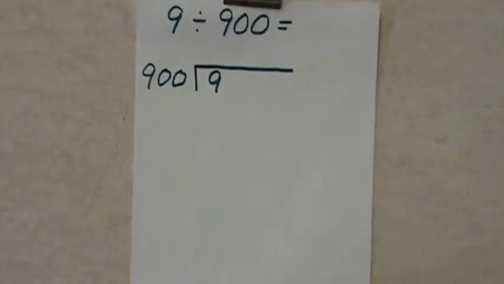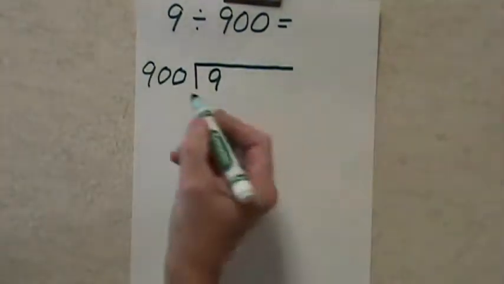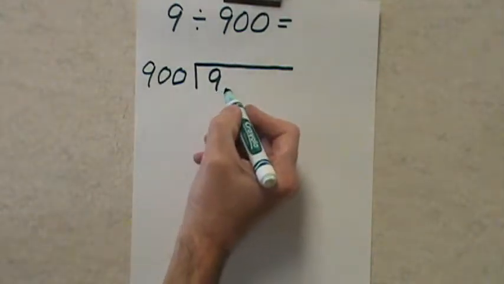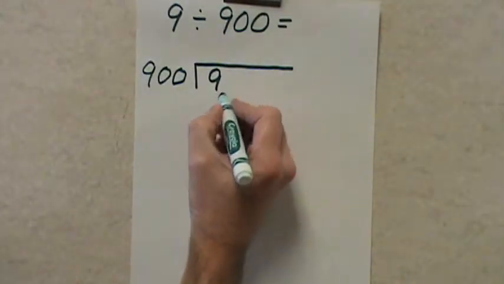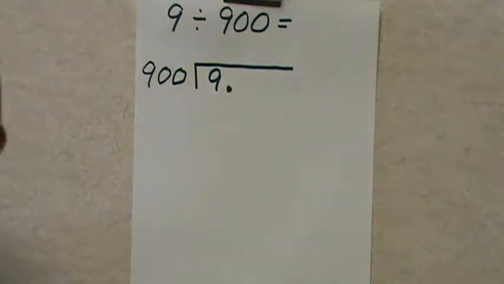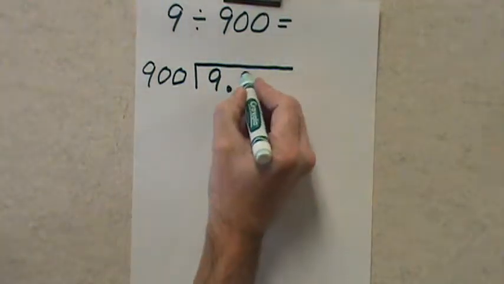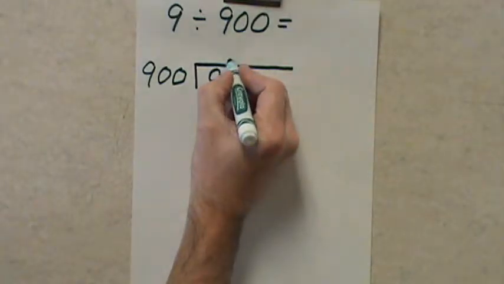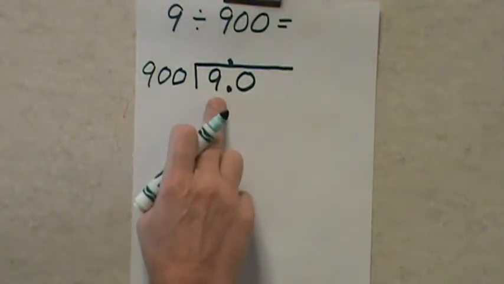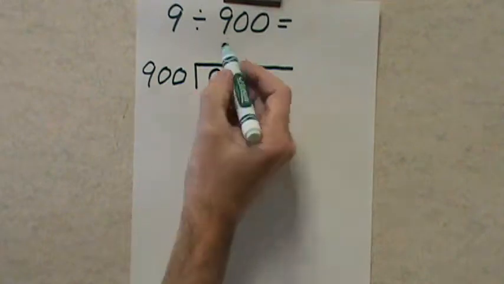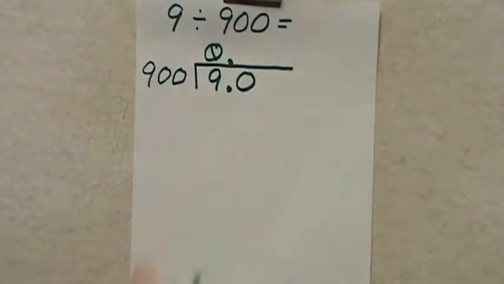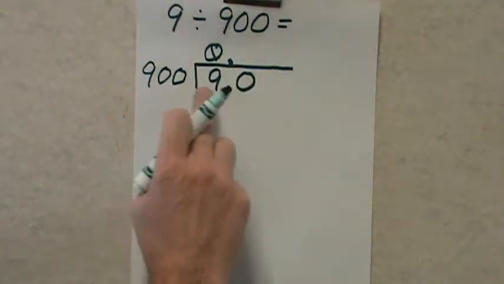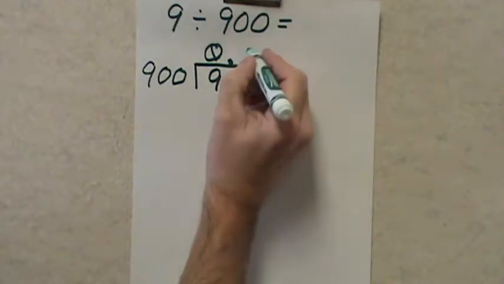Okay. Here we go. Now, 900 cannot go into 9, so we're going to put a decimal point here. It's a big number, so we're going to annex a few zeros in there. Decimal point goes up. 900 into 90, 0 times. 900 into 90, can't do it.